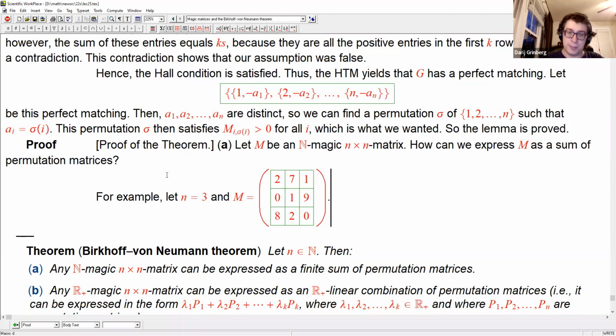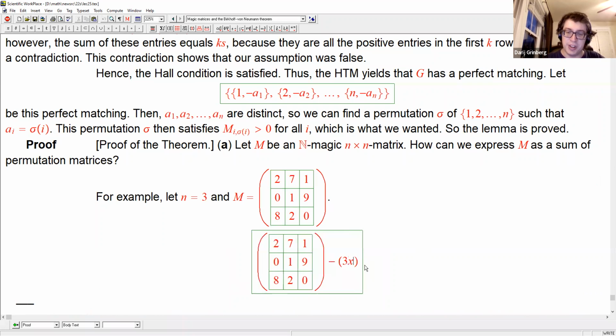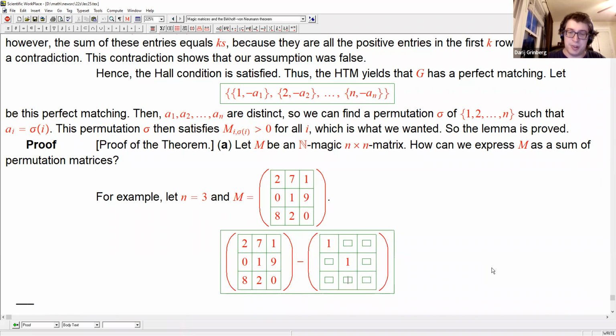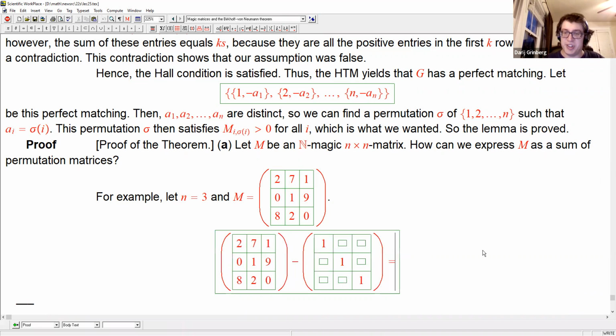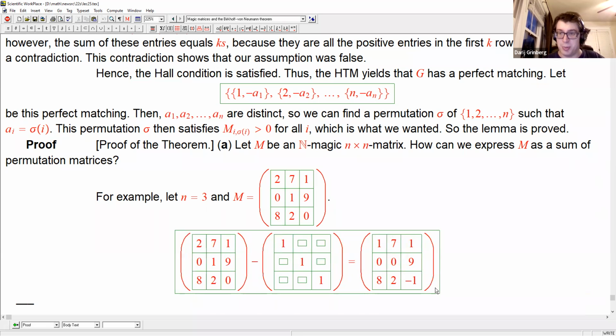So, for example, if you subtract the wrong permutation matrix, for example this one, and I will actually leave out the zeros. Every missing entry is a 0. If you do this, you get this, which is not a magic matrix simply because there is a negative number in it. That's not allowed.